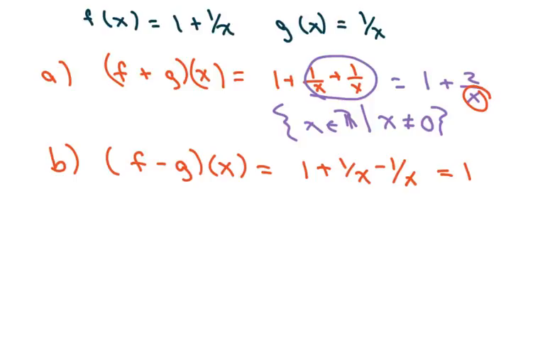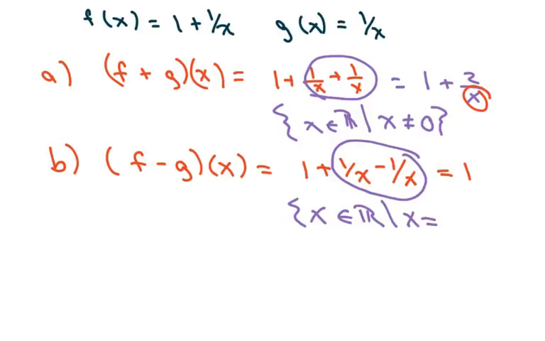However, even though these two cancel out, you still have to go by the first function and say that x is all real numbers, but x cannot be 0, because it wouldn't make sense to say 1 plus undefined minus undefined. So you still have to take each piece separately there.